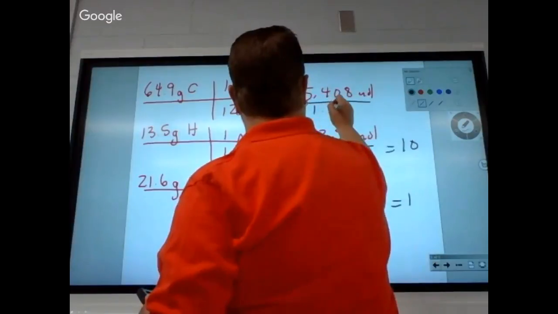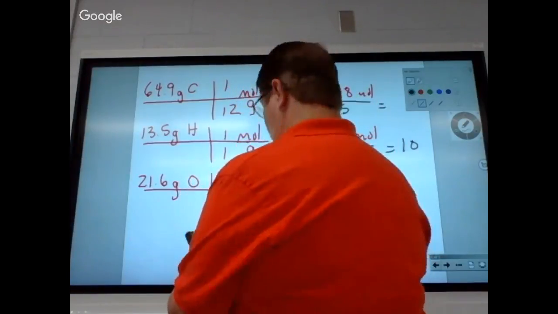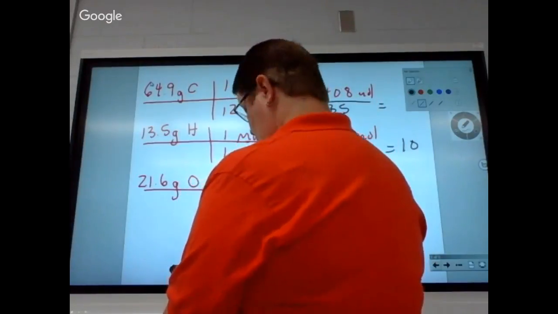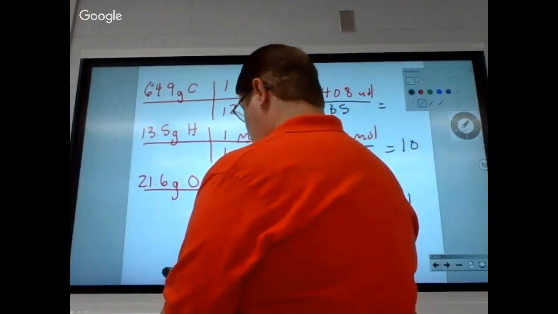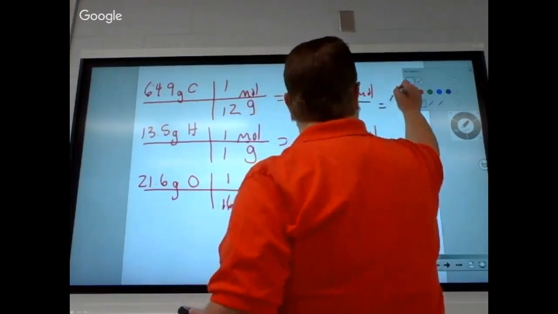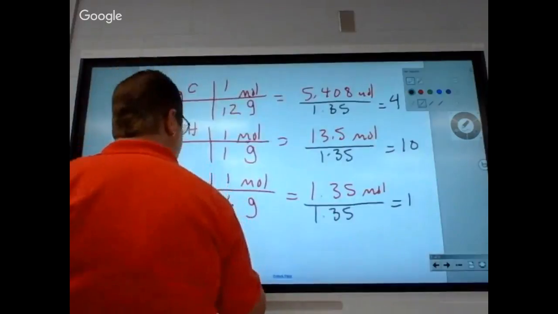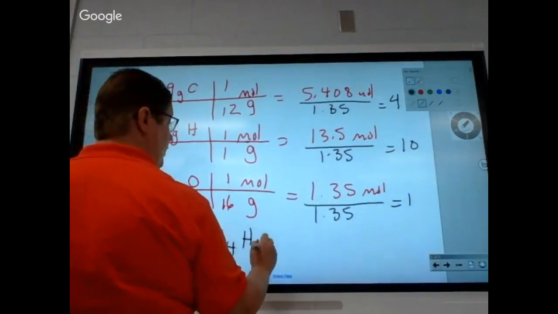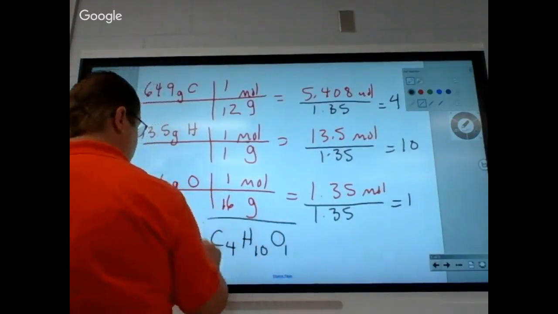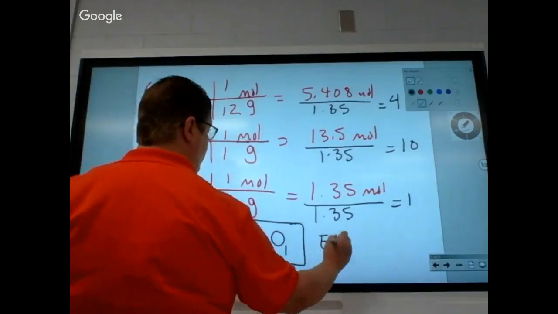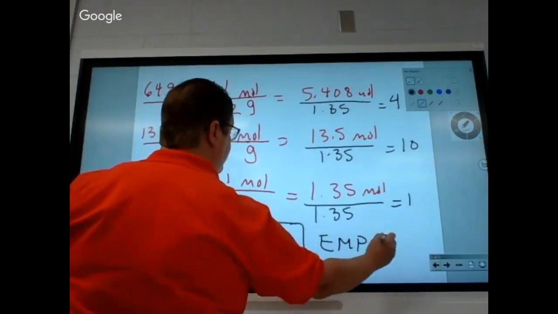And 1.35 here, I'm going to guess a 4. 4.00. All right, so we get C4H10O1. This is my empirical formula.